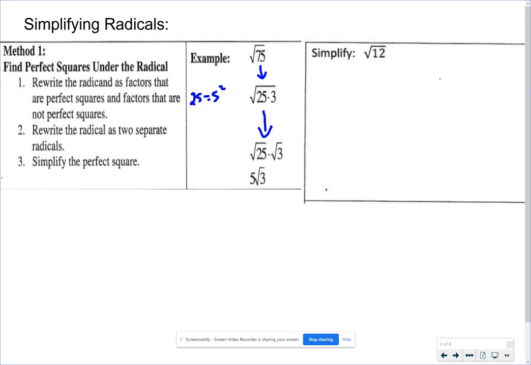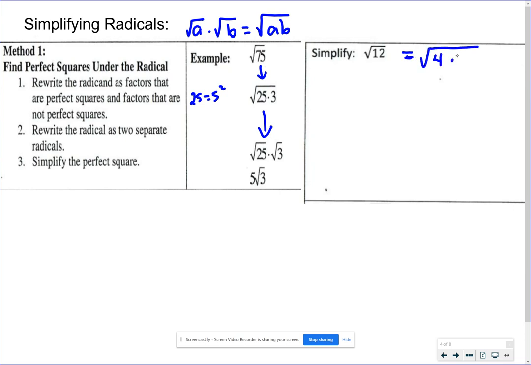Square root of 25 is 5, so we have 5 radical 3. We're using the fact that the square root of a times the square root of b is the square root of ab. And we can use that property in either order to pull radicals apart or to multiply 2 radicals into 1 radical.